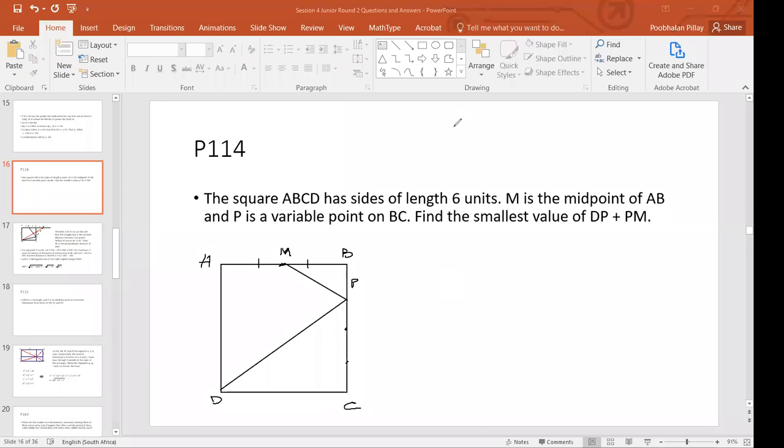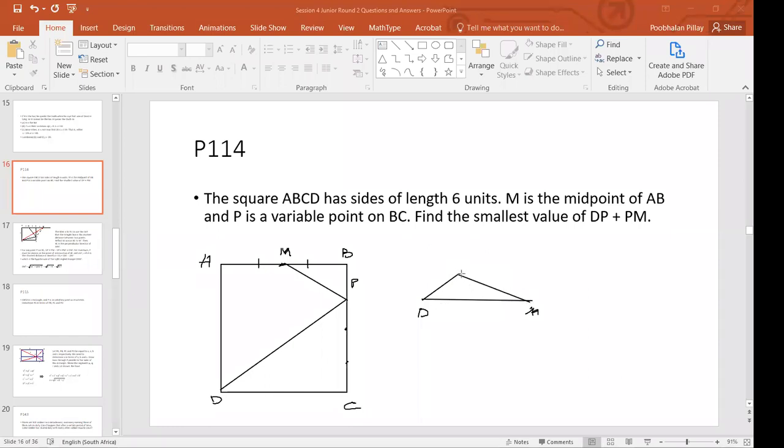Suppose I ask you this question. Suppose I've got 2 points. Let's make this D and M as before. And I take a point P. DP plus PM.